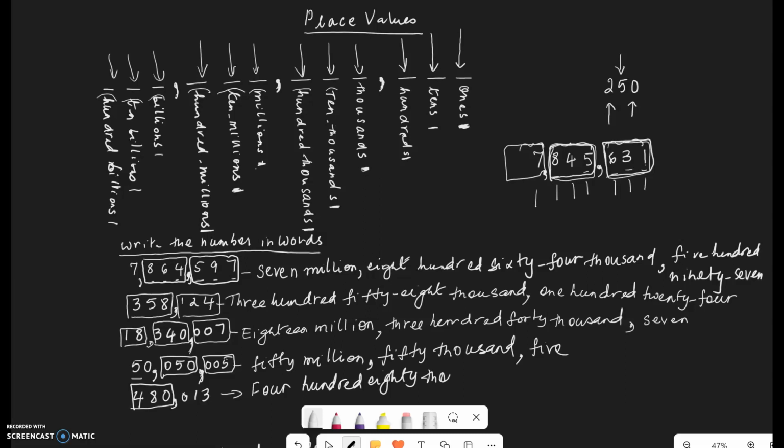Thousand. So the first comma is thousand. And then the next period is a 013. And that's a 13. So this is how you write numbers that are given in standard form into words.